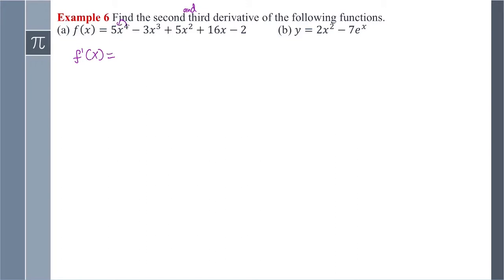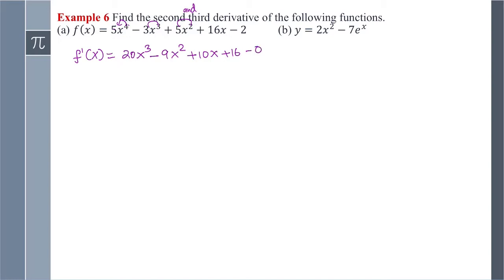So 5 times 4 is 20 x to the third. Remember, we subtract 1 from the power. Okay, so 3 comes down, that's minus 9 x squared. 2 comes down, plus 10x. And then there's this 1, so 16, and then derivative of x is just 1, and then minus 0, because derivative of 2 is 0.